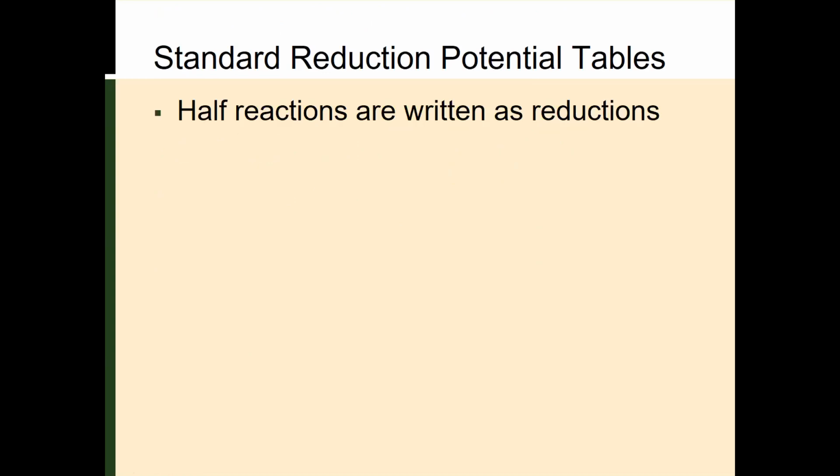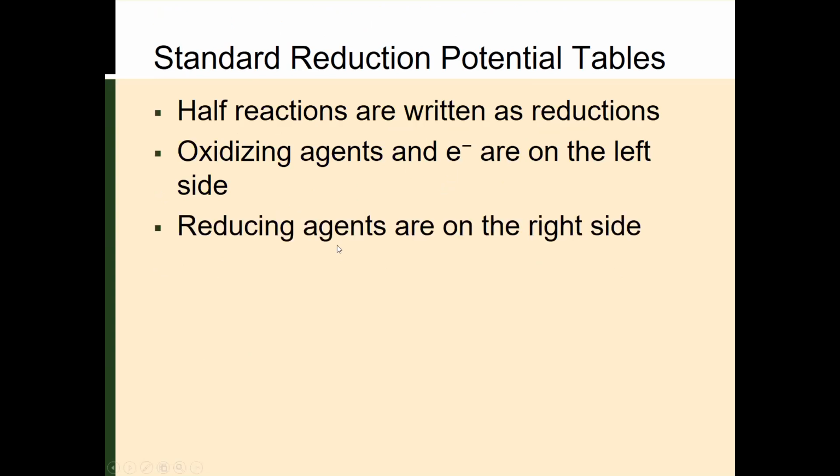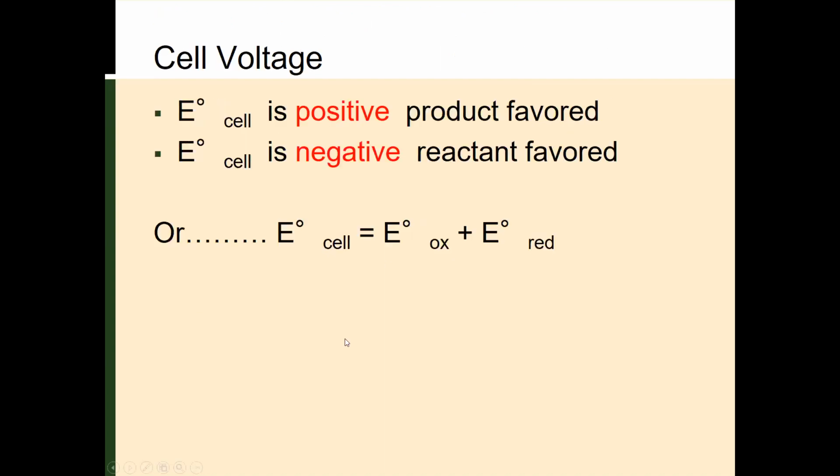Half reactions are written as reductions, again, because IUPAC said that. Oxidizing agents and the electrons are on the left side, and reducing agents on the right side. Okay. They're listed in order of decreasing standard reduction potential. And that's going to give us some useful information. If the cell potential is positive, it's product favored. If it's negative, it's reactant favored.